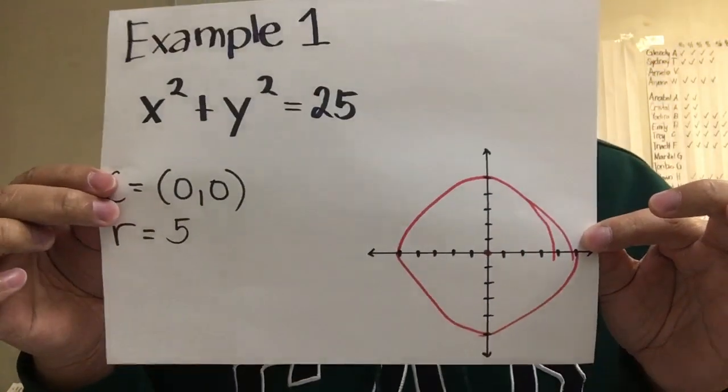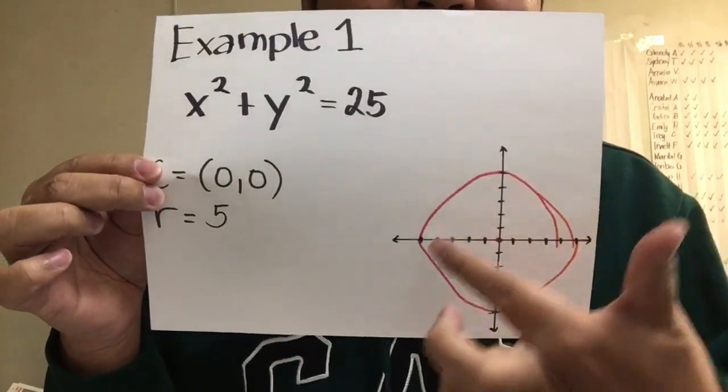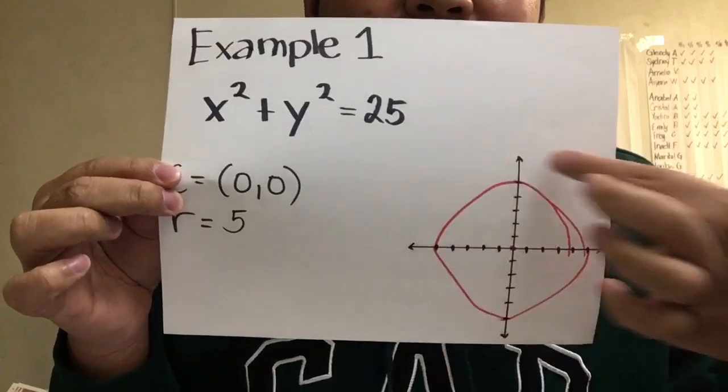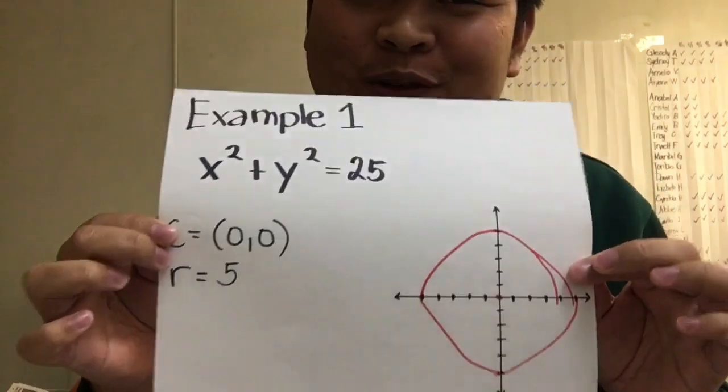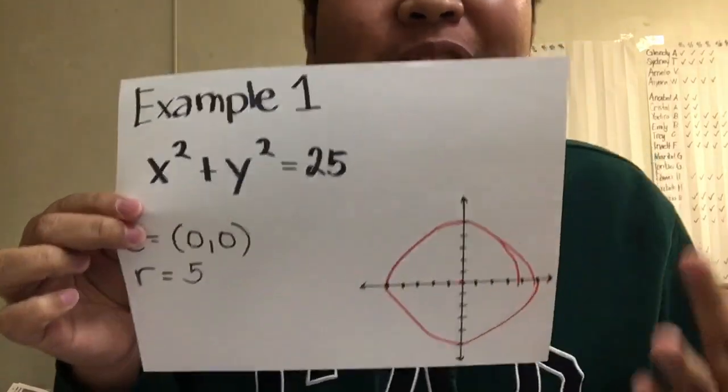So 1, 2, 3, 4, 5, and then draw my circle. I missed that one. So it's supposed to be 5, 5, 5. Draw a circle. Again, use a compass if you have. If you don't, it's fine.